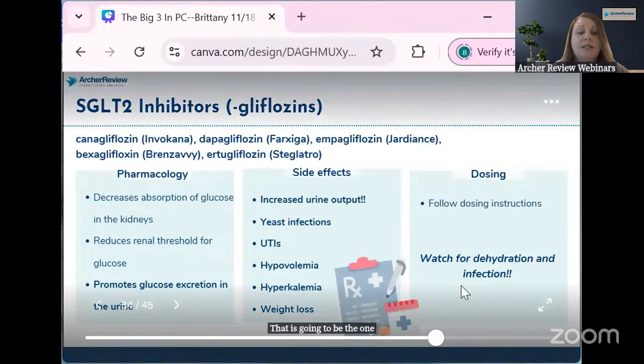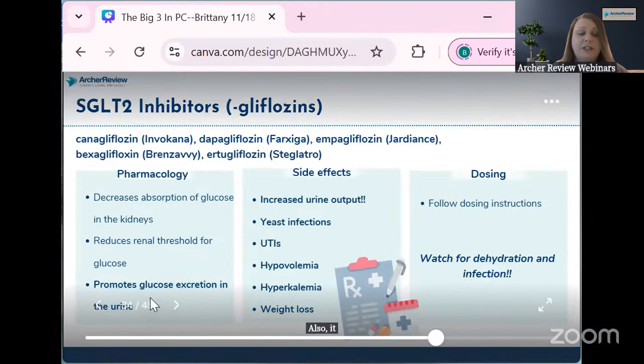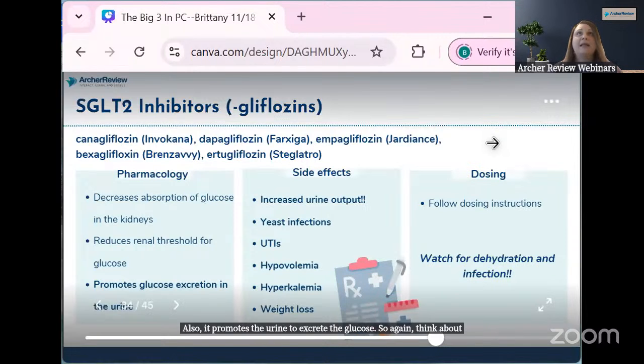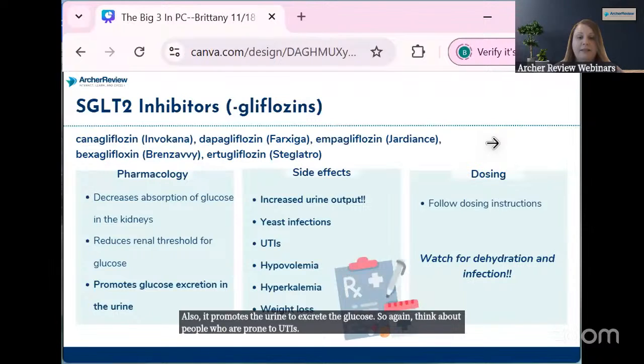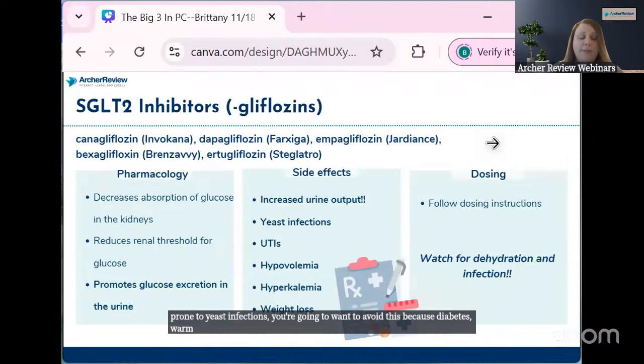Now, watch for dehydration. Yeast infections can be rampant with this as well. It promotes the urine to excrete the glucose. So think about people who are prone to UTIs and yeast infections. You're going to want to avoid this because with diabetes, that warm, moist environment, they're already prone to this.